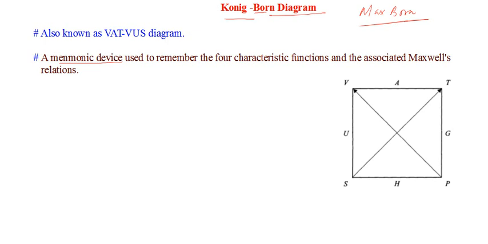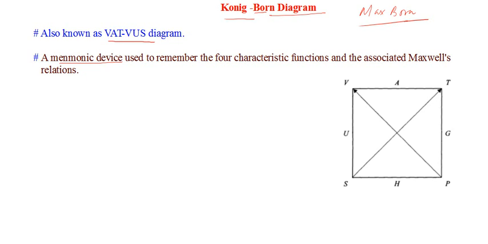If all the other techniques that I have mentioned fail, there should at least be a life buoy, a life jacket, and that life jacket is the standard Koenig-Born diagram, also known as the square diagram, or the Watt-Woos diagram. That's another general name. Why is it known as the Watt-Woos diagram?